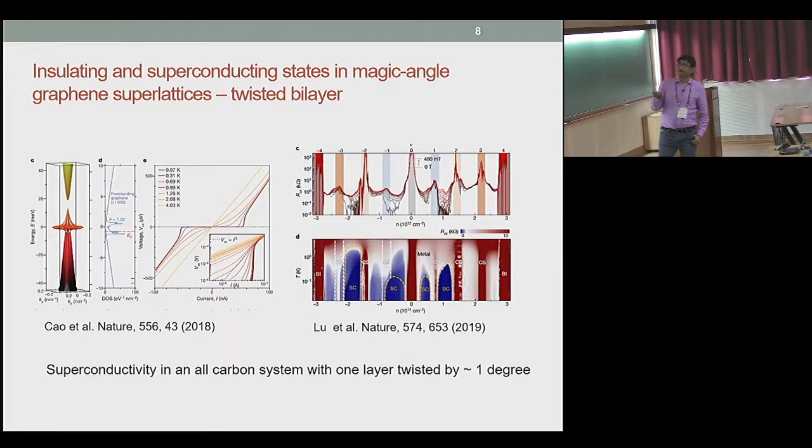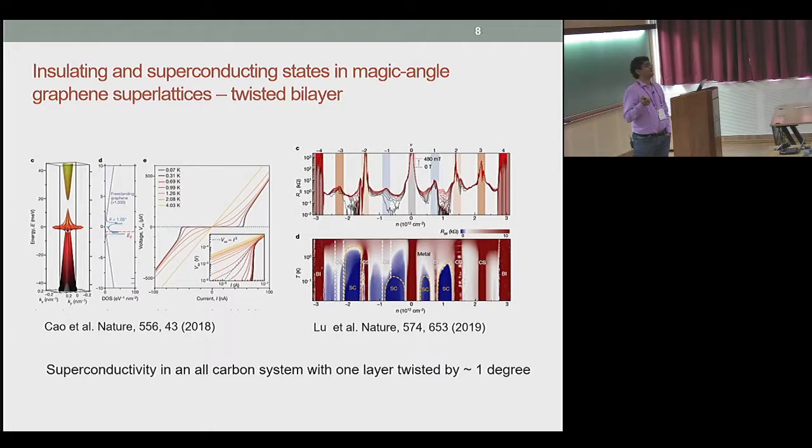This is a very nice, powerful experiment done at MIT, where they observed that you have monolayer graphene twisted on top of each other by about 1.1 degrees, and you get bands which are very, very flat.